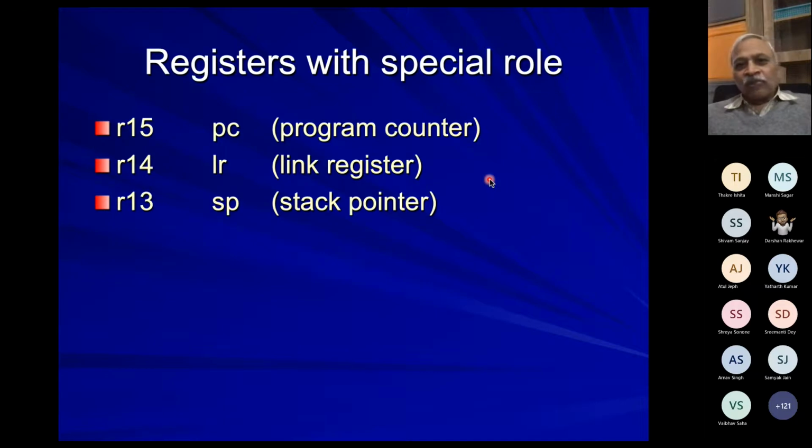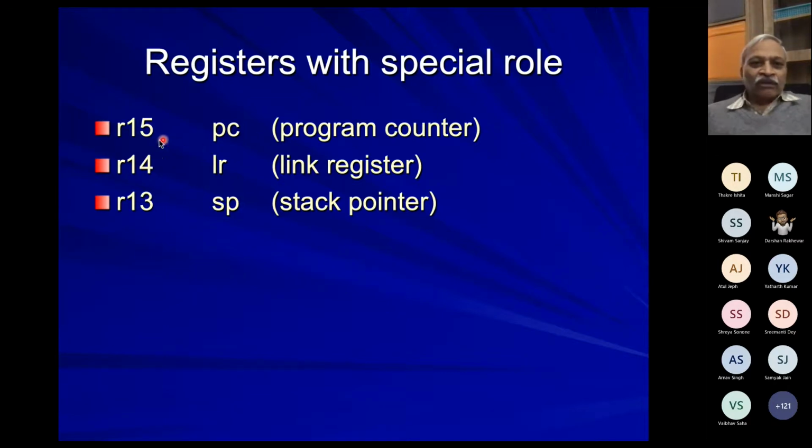Now these registers I have just talked of, PC and LR, are actually part of the register file. The register file in ARM has 16 registers, labeled R0 to R15, but some of these have additional names because of their special functionality.